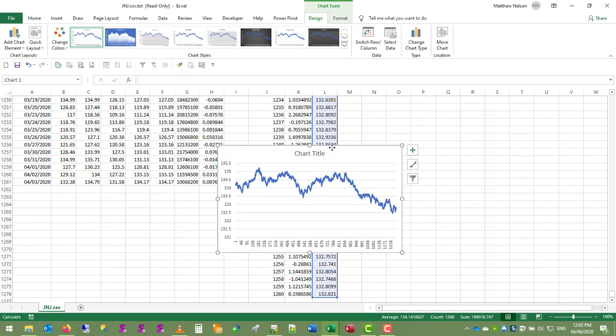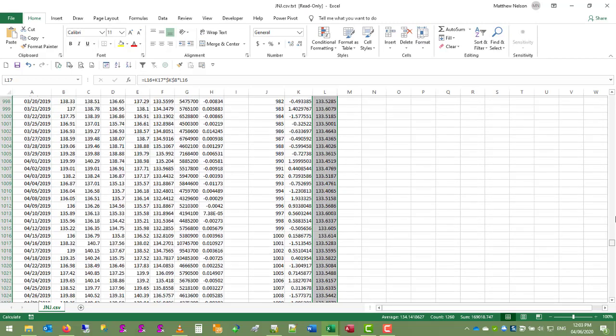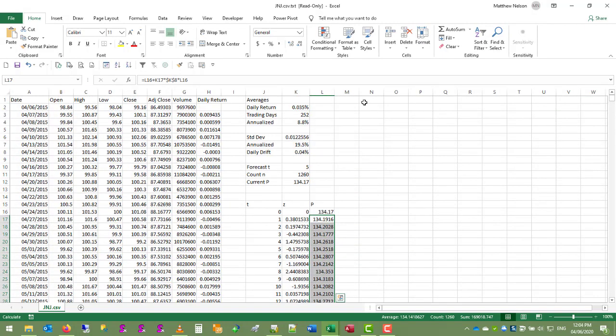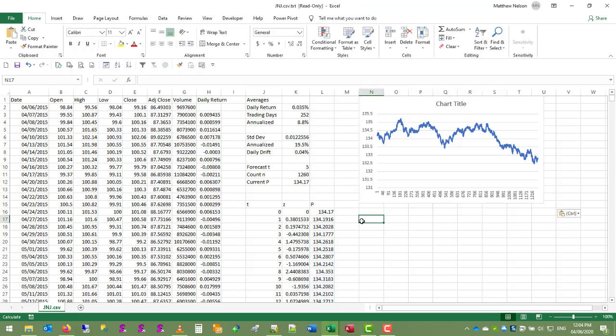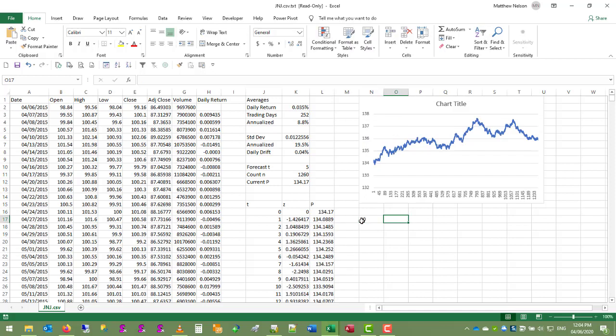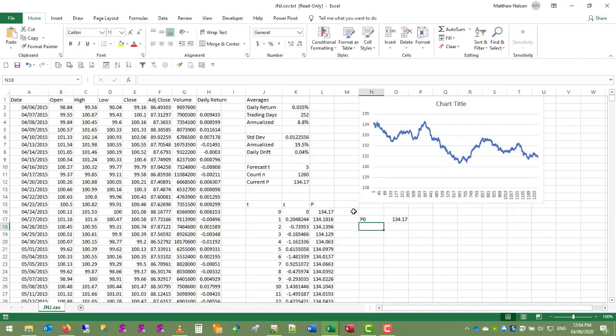It could be sometimes we will lose money on the stock, sometimes we will gain money on the stock. But regardless, the stock price changes based on the daily potential drift. So when we started at our first price, time equals 0, we had 134.